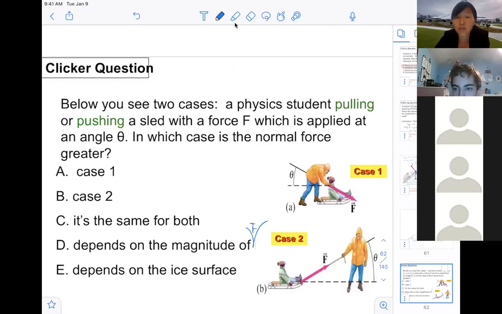If you have a heavy object and you are able to lift it so it's barely touching the ground, then the normal force will be 0. That's like case 2: you're trying to lift it up, but in case 1, you're pushing down. So you're right, that extra component of F, either pointing up or down, will affect how much normal force is acting on the sled.